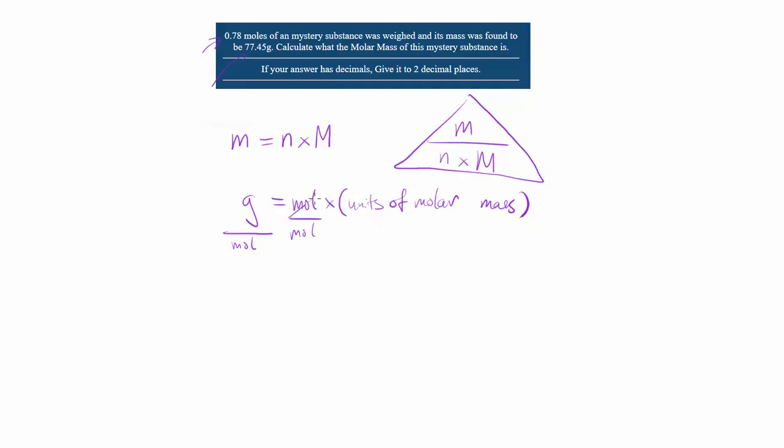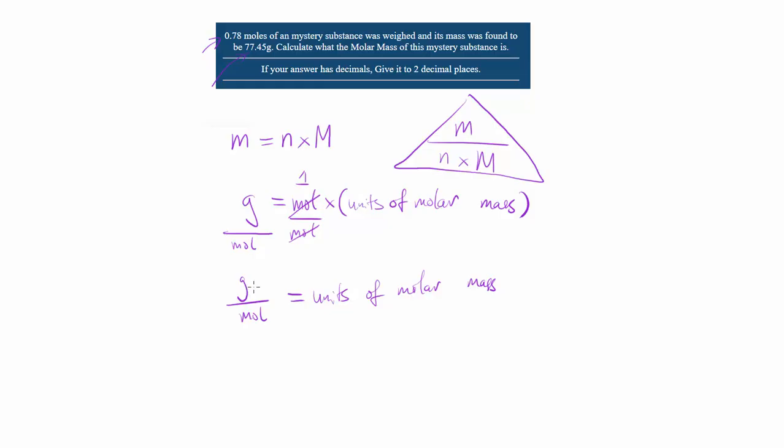Well, this cancels out. That equals 1, right? So that would equal 1, and 1 times the units of molar mass would be the units of molar mass, right? So grams over the mole equals the units of molar mass.